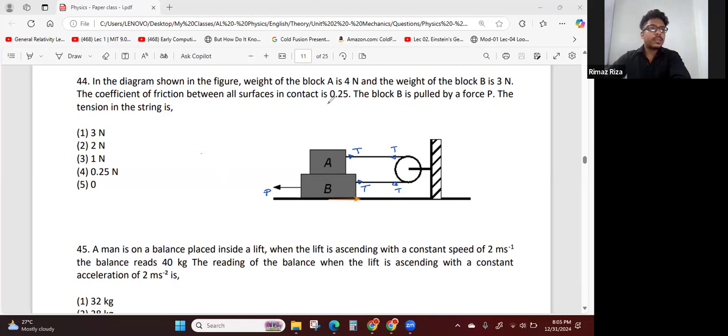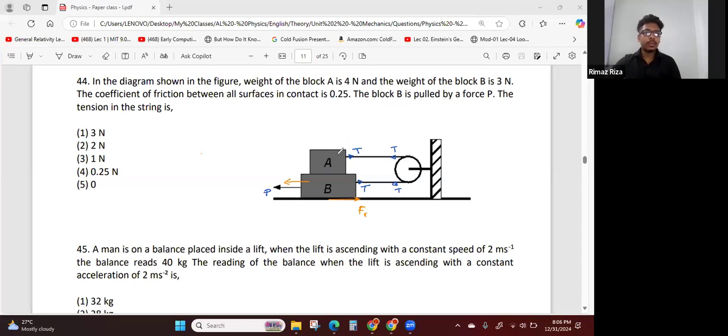Okay, so I'll start the explanation. So here, when we apply this force P, this block tends to move to this side. So therefore, the friction will be acting on this in the opposite direction. Okay, so we can mark that friction as F1. So when this is being pulled to this side, let's say it moves this side, then this rope will move like this.